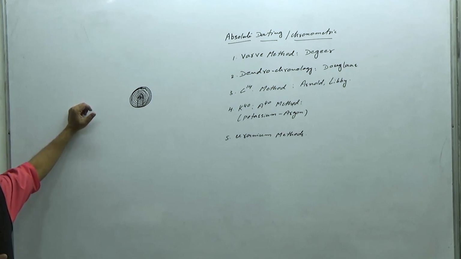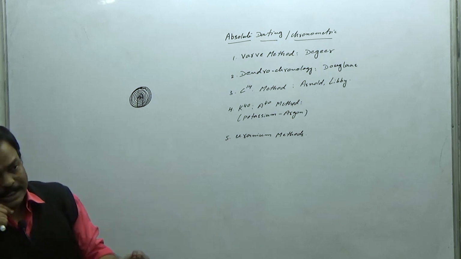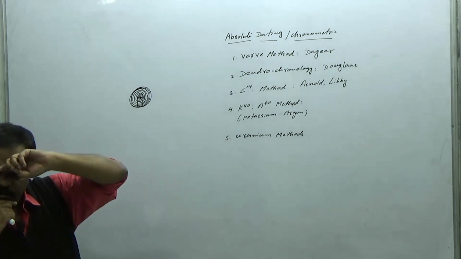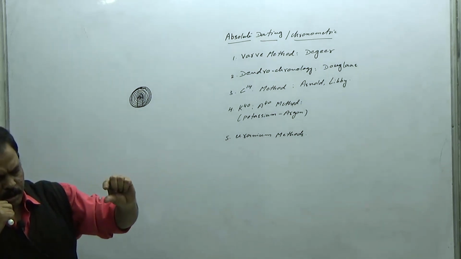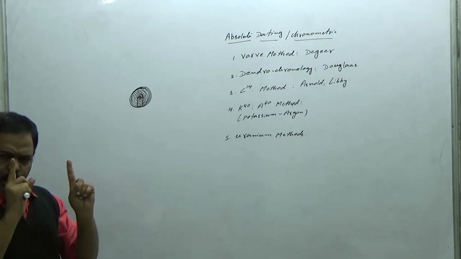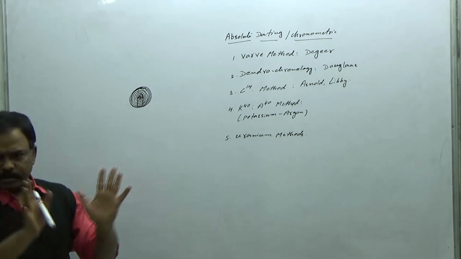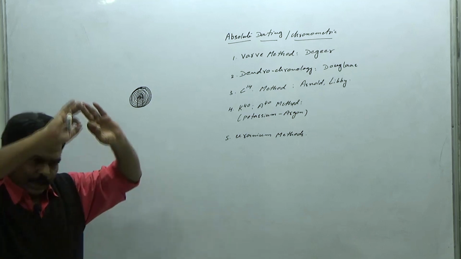Plants have a wonderful character: if all the plants grow in similar climatic conditions, they produce exactly similar rings. If we cut all the trees which are at present in Delhi and observe them, the rings are exactly similar.